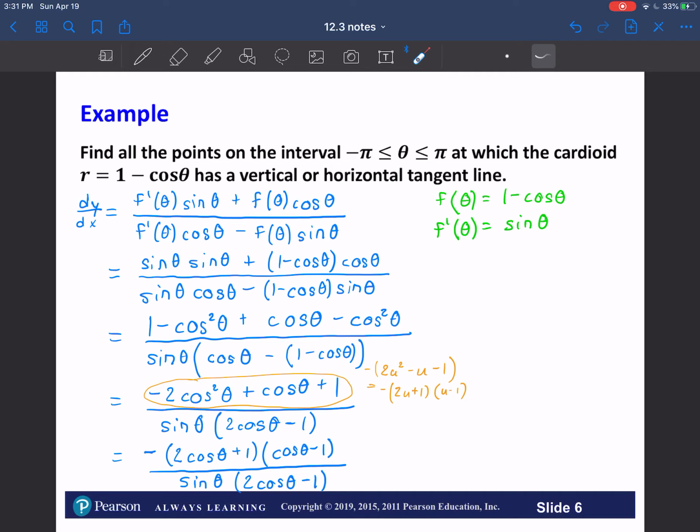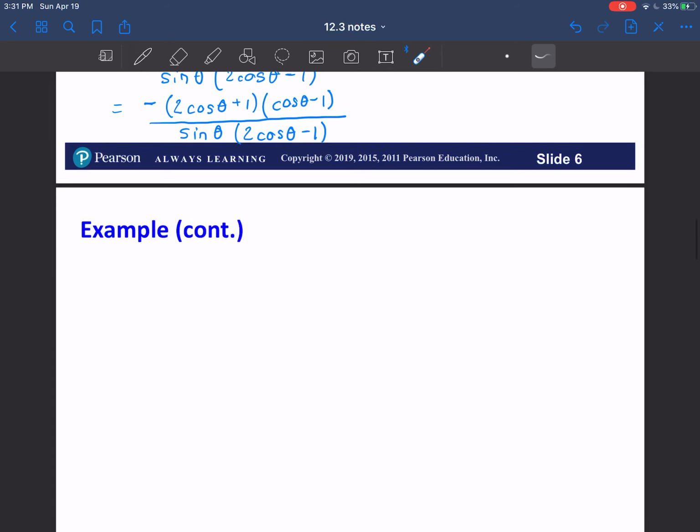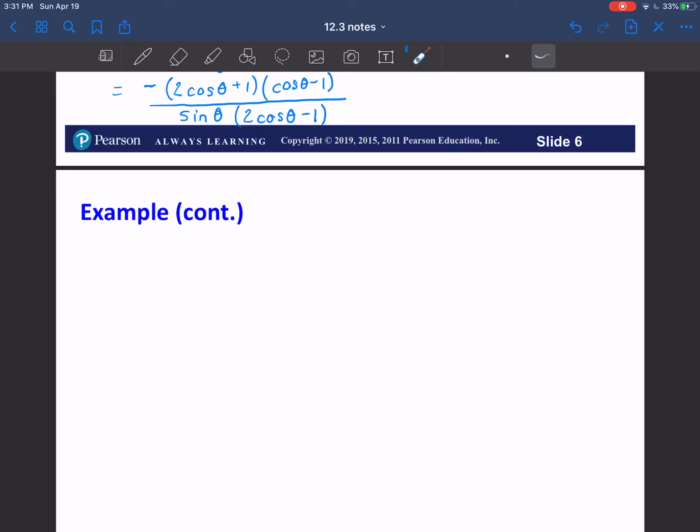We have factored the numerator, we have factored the denominator, and now I need to figure out when the numerator and denominator are equal to 0. All right, so let me do that down here. I'm going to keep this visible. So when does the numerator equal 0?